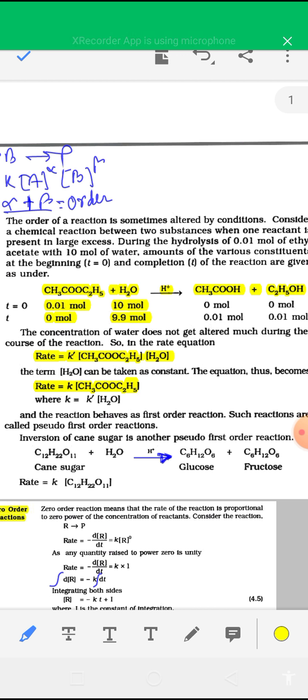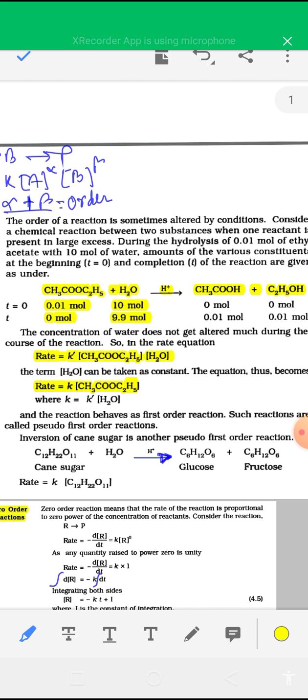Okay, so in such type of pseudo first order reaction, one reactant is present in very large quantity, and the change in concentration of that reactant is very negligible. That's why you can take the concentration of this reactant, which is present in very large quantity, as a constant.